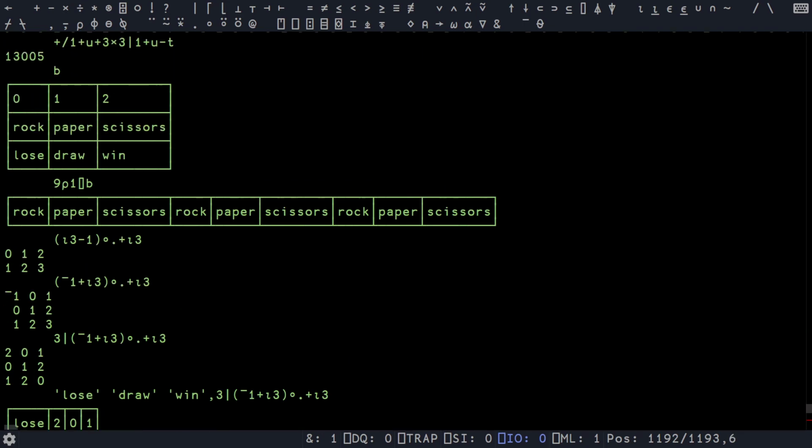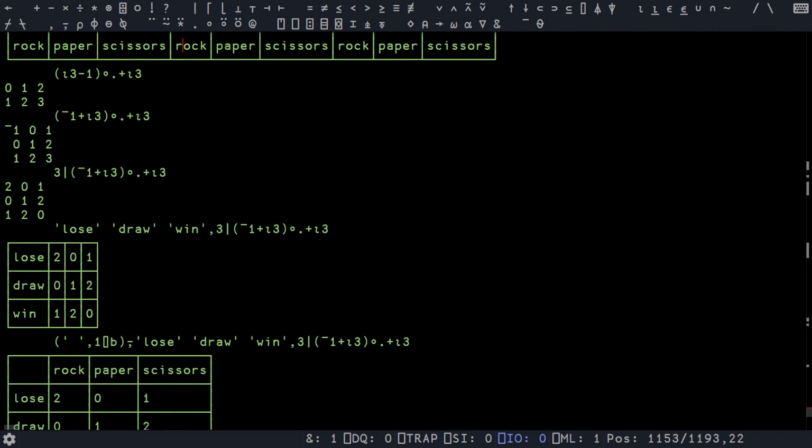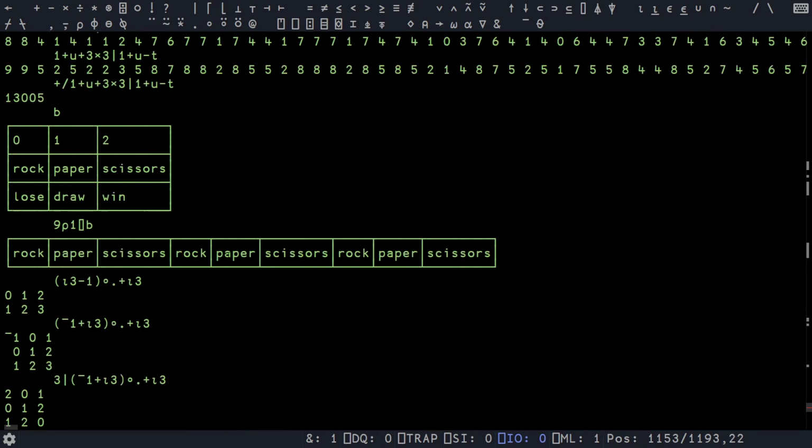Well, we determined the values that we need to add to the different moves in order to get the different match results that we want.